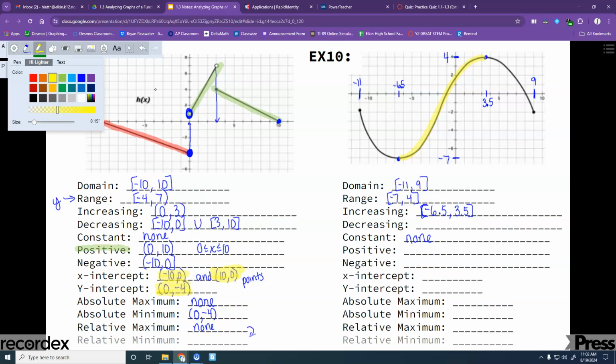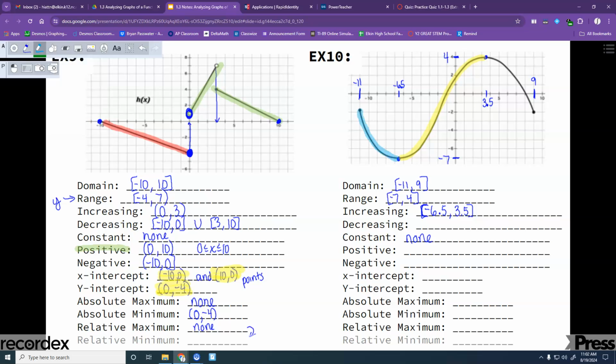So decreasing would be this section and this section right here. So this first section is negative 11 up to that lowest point at negative 6.5. And then we have to use that union symbol there.